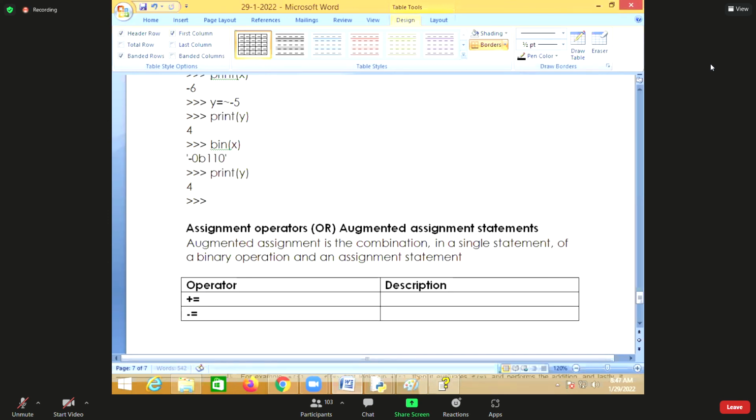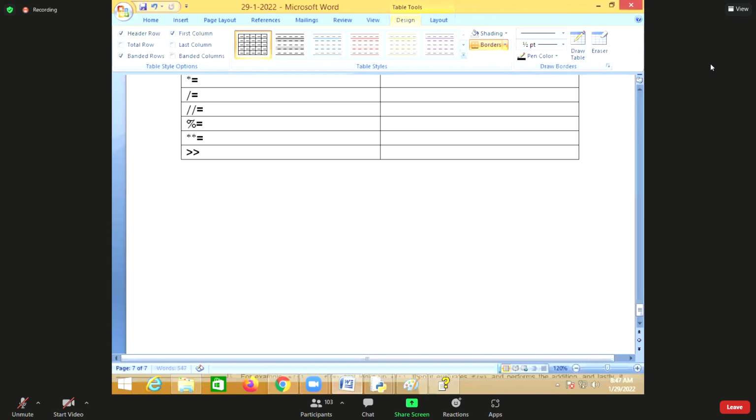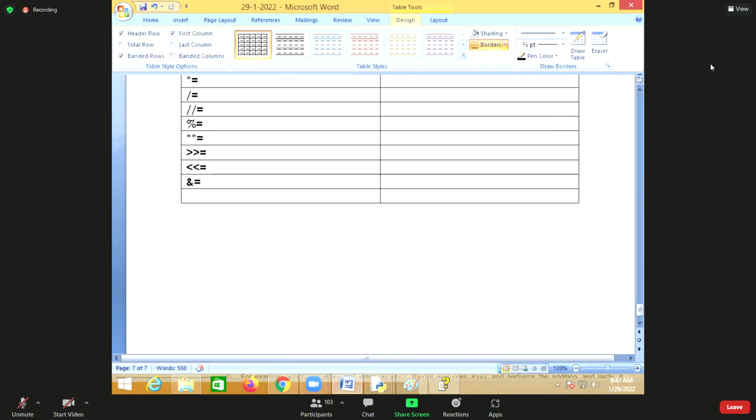Plus equal, minus equal, star equal, slash equal, percentage equal, right shift equal, left shift equal, and equal, or equal, and not equal.